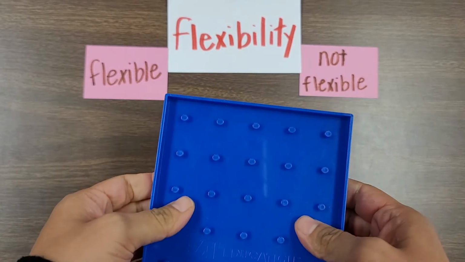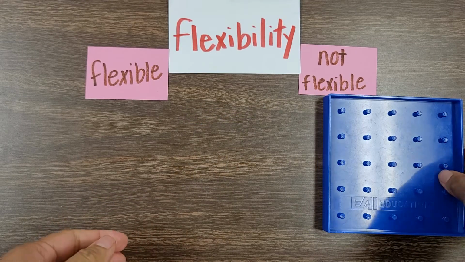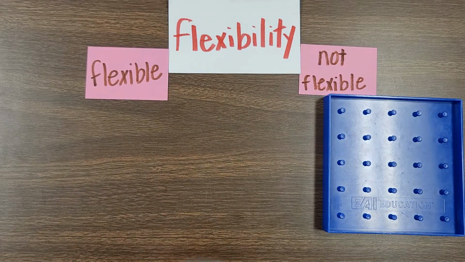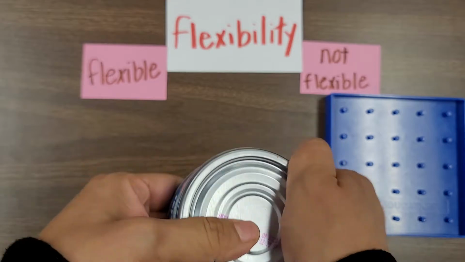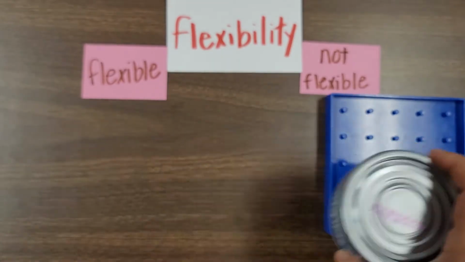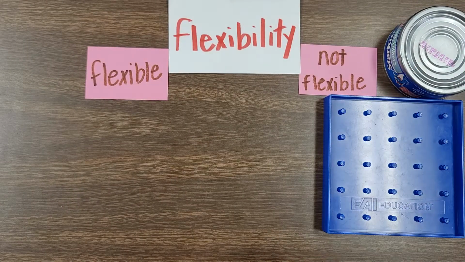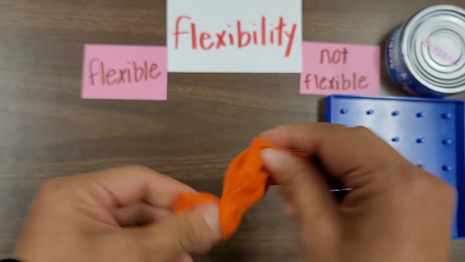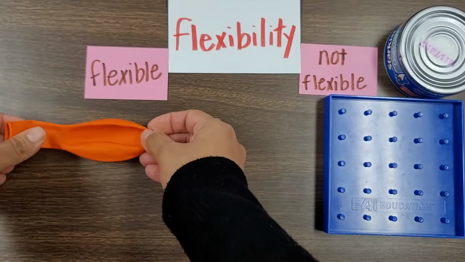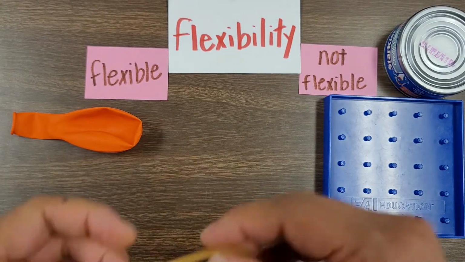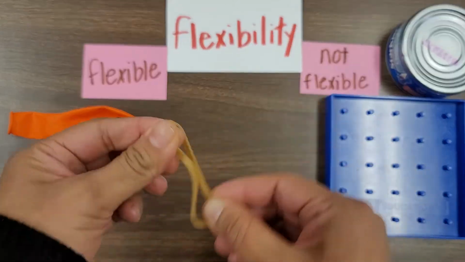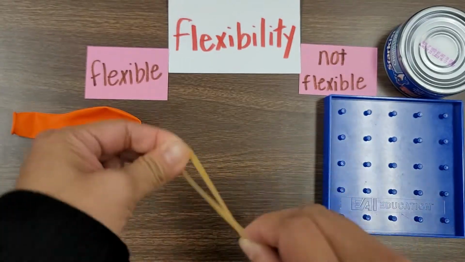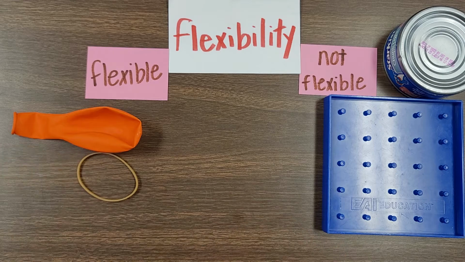So this item is not flexible. Now I look at my can, and this item is also not flexible. My balloon, like I already said earlier, is flexible. My rubber band, I can bend it and it doesn't break. So this one is flexible.